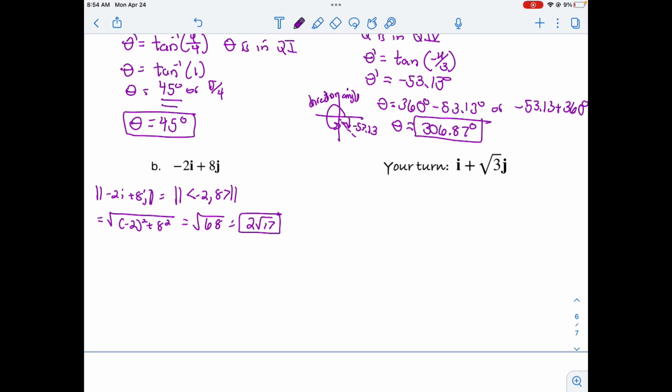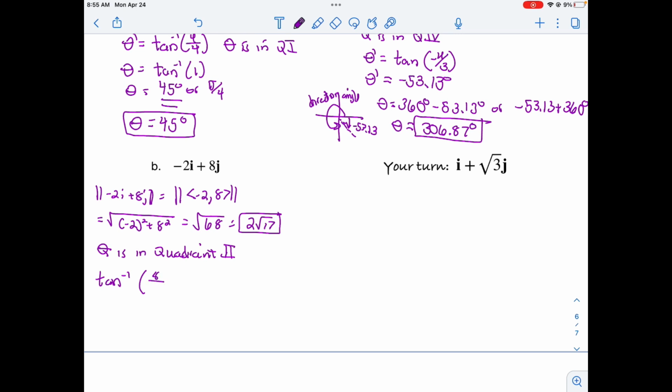Now to find our direction, go back to our component form here, which is -2, 8. And so x is -2 and y is 8. Once I figure out what quadrant theta is in, since I'm at -2, 8, our quadrant would be quadrant 2. And so I'm going to find our reference angle.